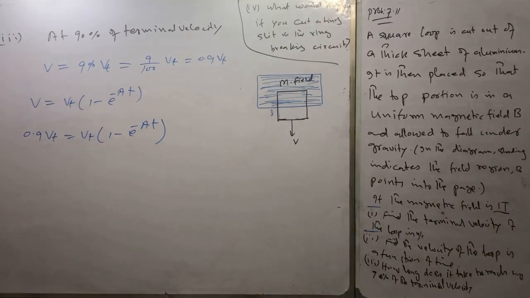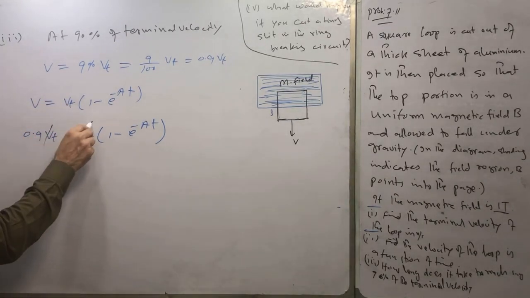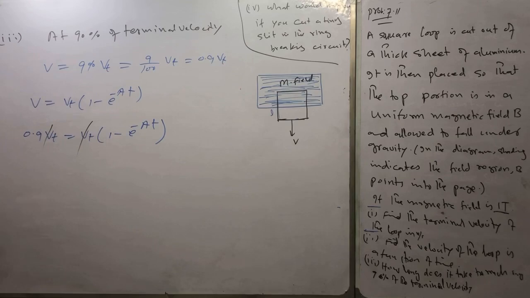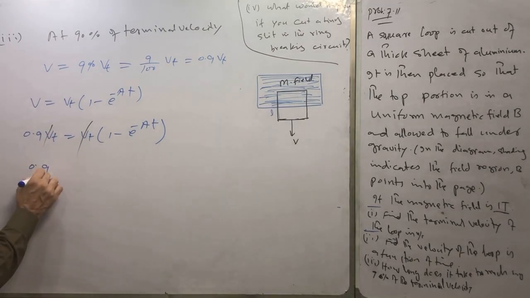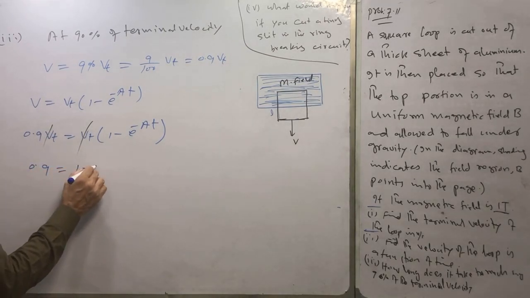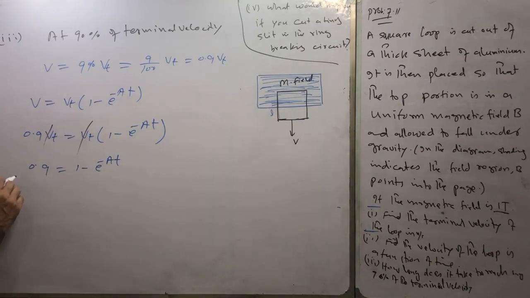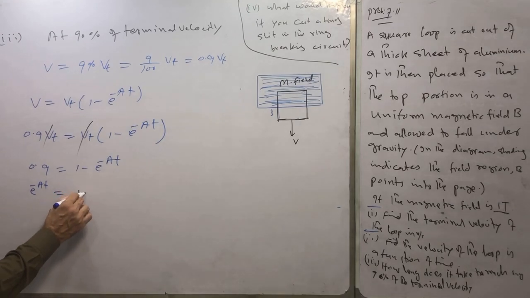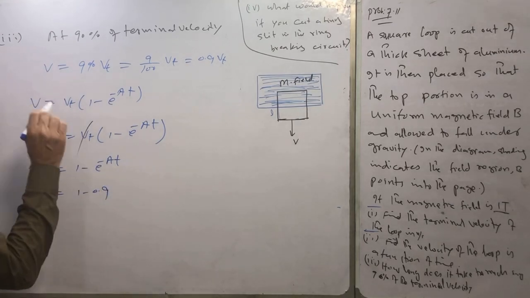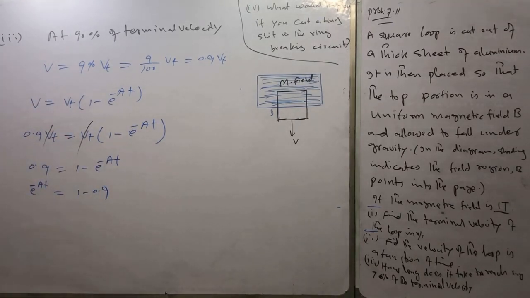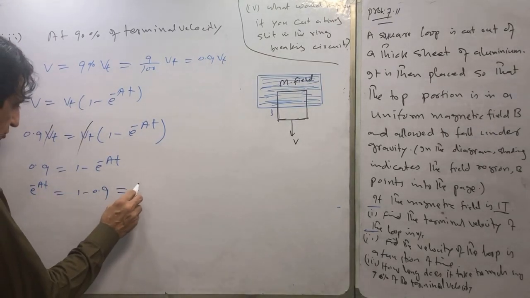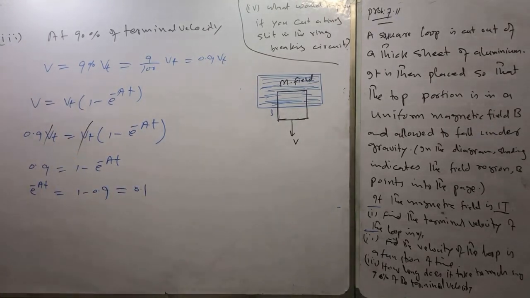This Vt cancels with this, and 0.9 is equal to 1 minus e to the power minus at, and then e to the power minus at is equal to 1 minus 0.9. And it means that this is equal to 0.1.